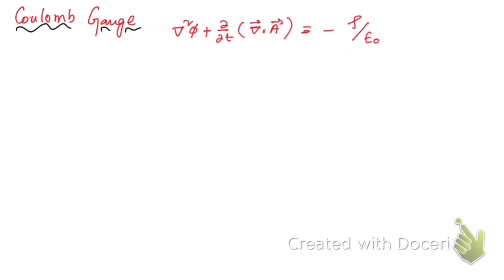Now the Coulomb gauge condition is this: divergence of vector A is equal to 0. This is the Coulomb gauge equation. This was equation number 4.